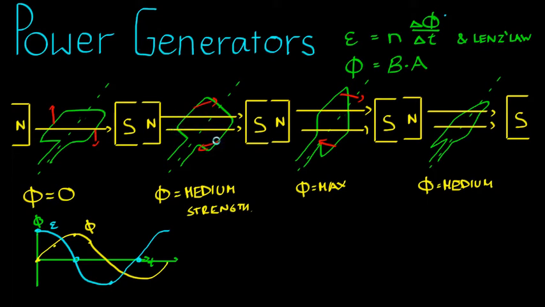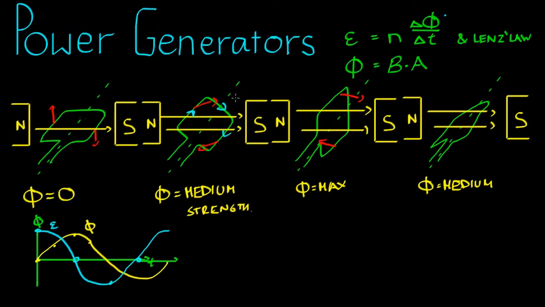Using our right hand grip rule, so we put our thumb in the direction of current and we curl our fingers around the loop. You see that if the current ran this way, you'd be pumping flux that way through the loop. But if the current ran that way there, you'd create some magnetic field which would oppose the change in flux. So we want the current to run that way around the loop.